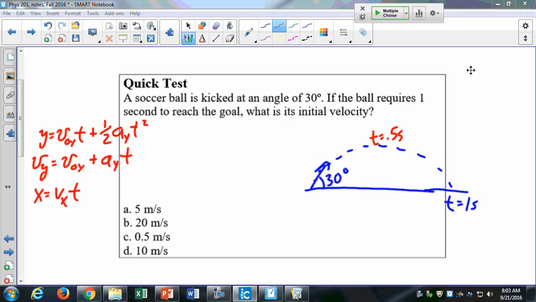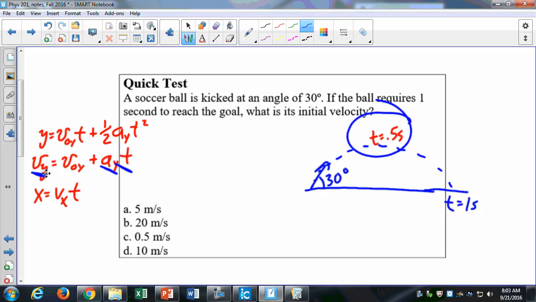The second one, right. I can use the second one because I know everything in that but one piece of information. I know Vy, I know Ay, and I know t, at least when I'm looking at the top of the trajectory. I know that Vy is equal to 0, V0y I don't know but I can find it, plus Ay is negative 10, and t is 0.5.